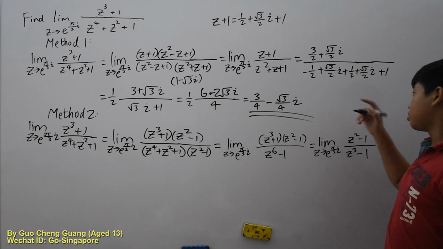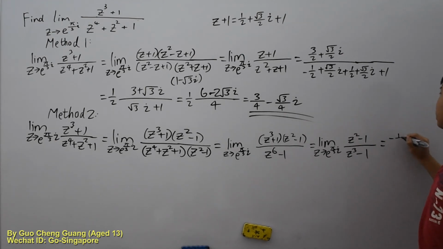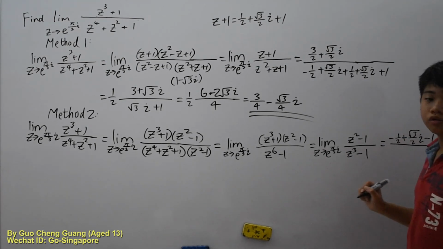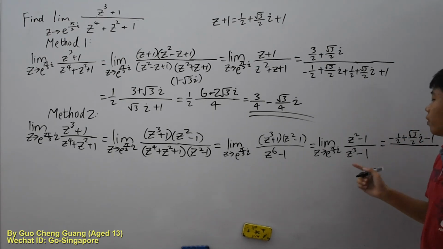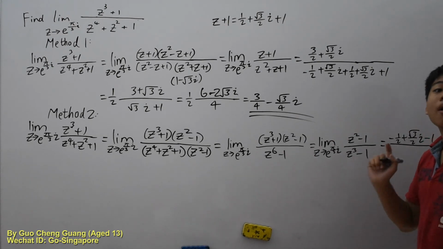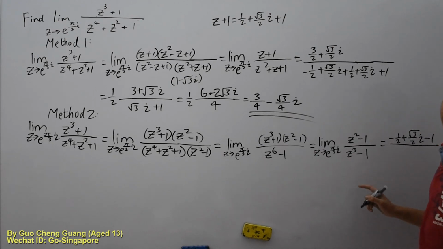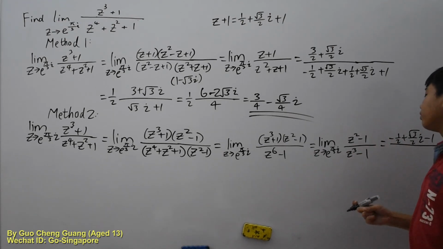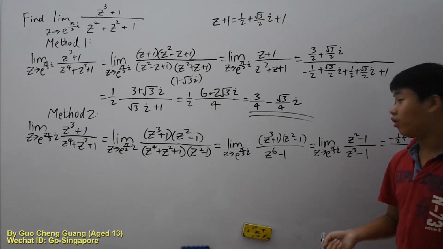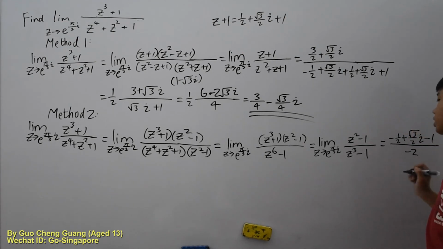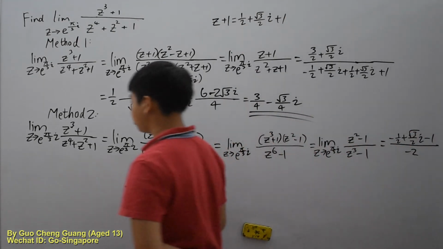And from these two parts, just sub them in. So z squared, as we have worked out just now, is negative half plus root 3 over 2i, then minus 1, over z cubed, which when I work it out is e to the power of pi i. So e to the power of pi i, cosine pi, well, I guess you know what that is. And sine pi, well, that's obvious enough. And thus in the denominator you have -2.